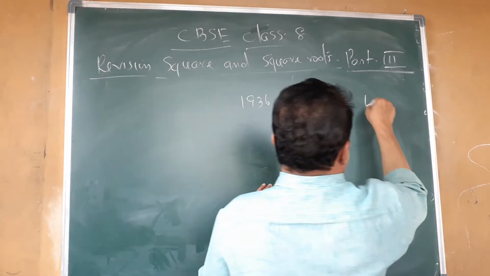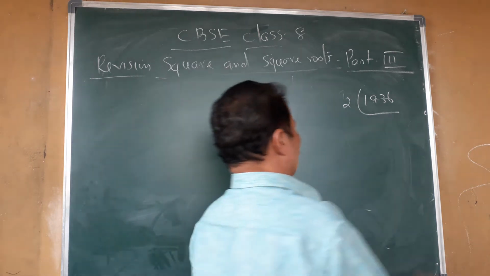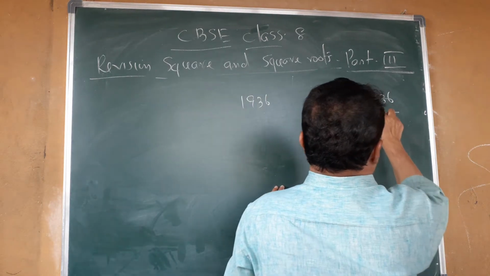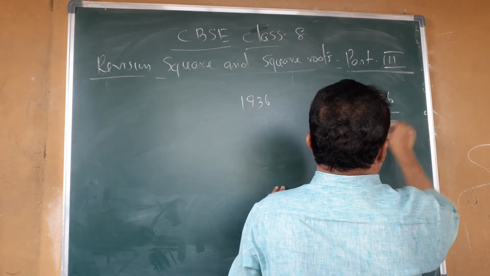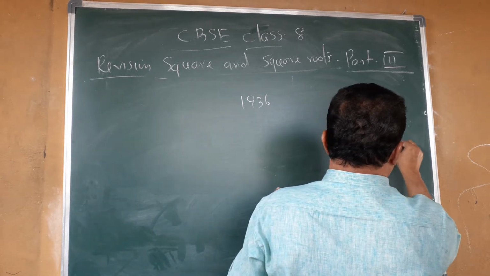Comparatively, the number is a larger number. Divided by 2 because it's an even number. It is 968. Again divided by 2, 484.